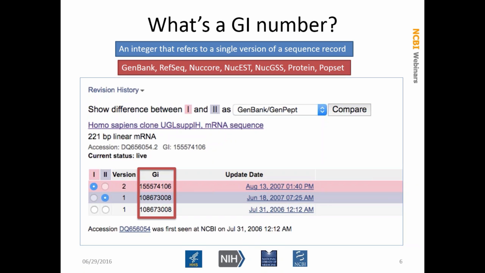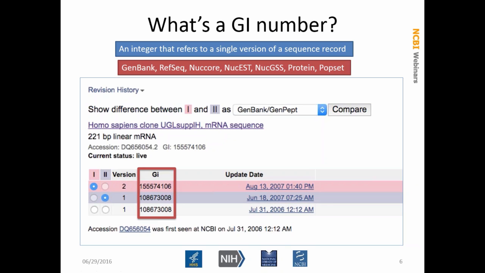And any of those records on the web have a report called a revision history, which I'm showing here, and revision histories basically let you look at the history of the versions of a particular record. This record has an accession, DQ656054, but as you see here, it's had 2 GI numbers in its history.